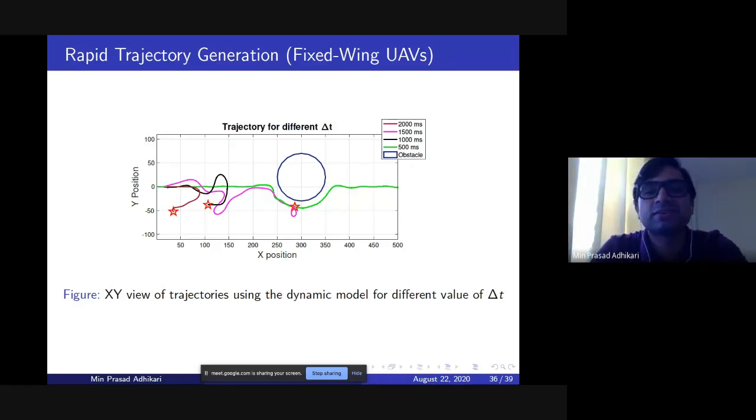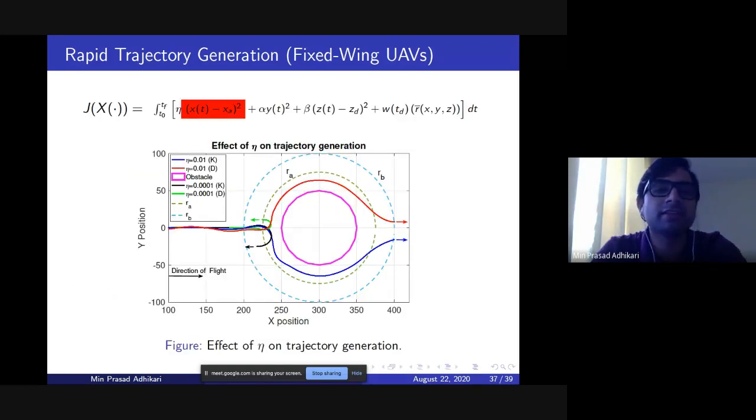Finally, this is something I wanted to mention before, about the penalty parameter eta. These penalty parameters eta, alpha, and beta play a vital role in determining which cost function to prioritize in solving the problem.